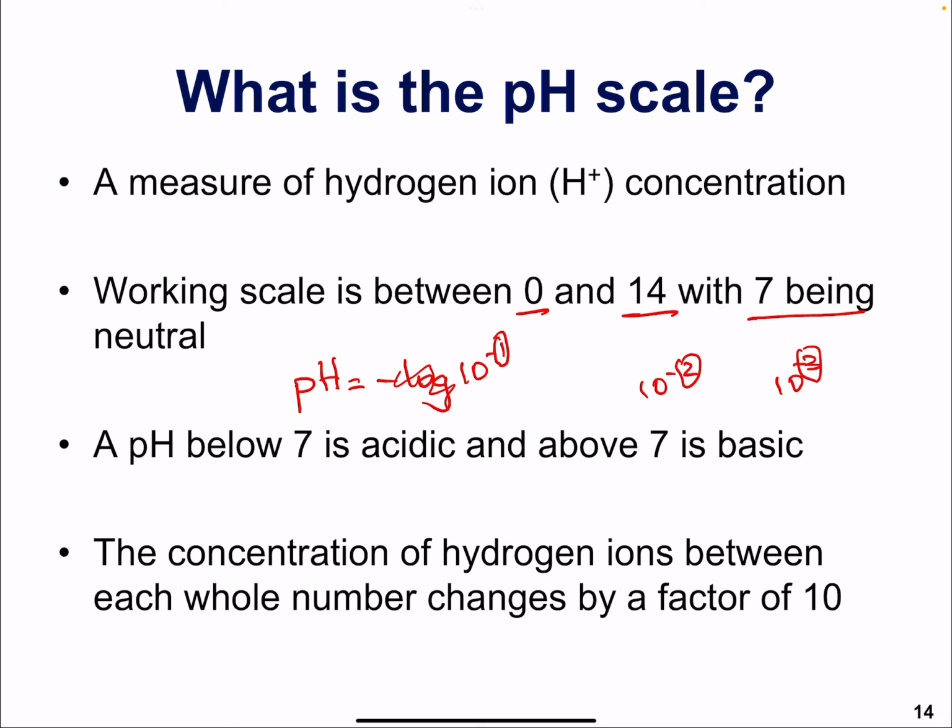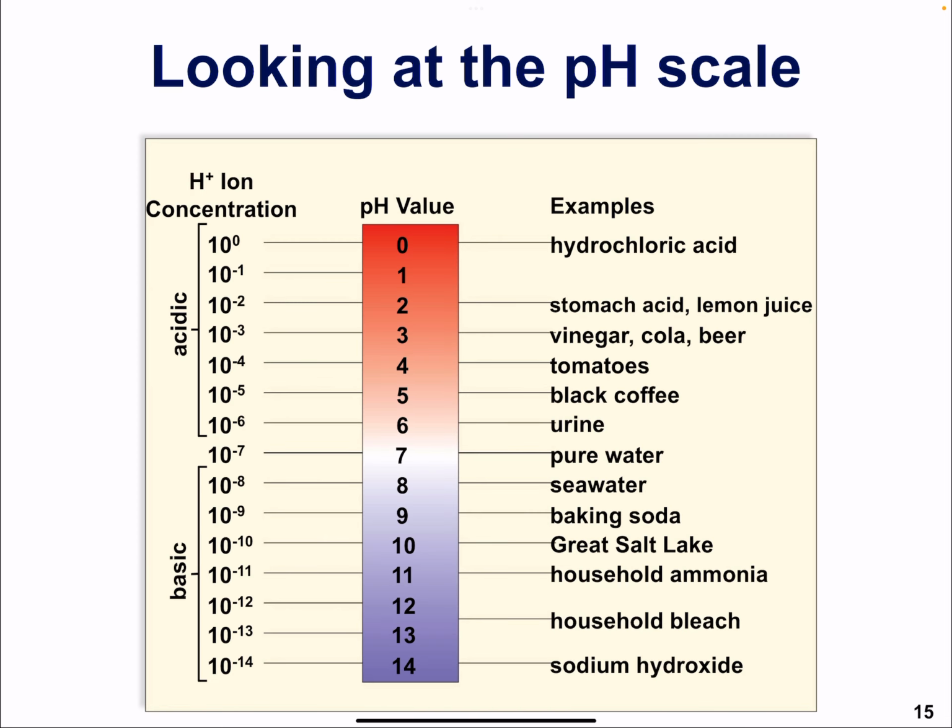In this course, I'm not going to ask you to compute or run equations to determine the pH. That is not the purpose of this course. I want you to know what pH is and how it applies to living organisms. We are going to see that in a minute.